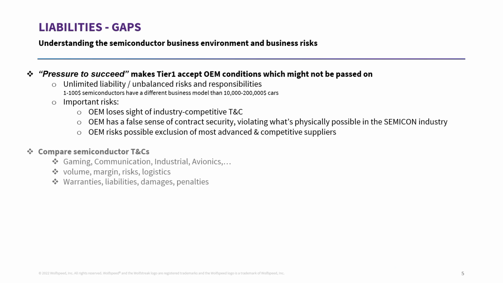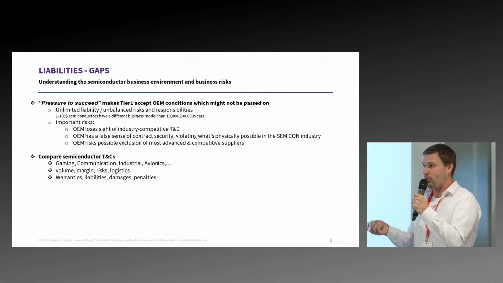And we have competitive semiconductors in the market, which means the entire industry, like gaming, communication, and industrial, pay the margin actually. And automotive OEMs try to push down the price, which means we have seen it in Taiwan.